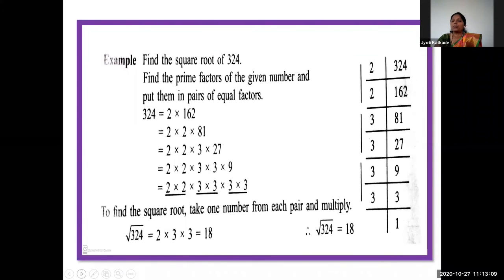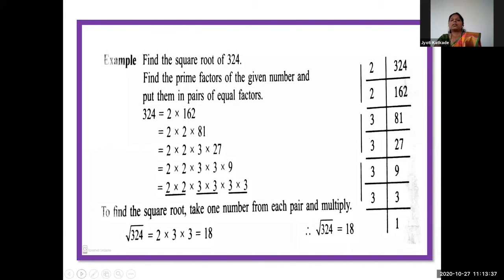2 and 2 is one pair, 2 into 2. Again 3 into 3, second pair. And the third pair is 3 into 3. From these pairs, take one factor from each pair. First pair is 2 into 2, take one factor. Second, 3 into 3, take one factor.